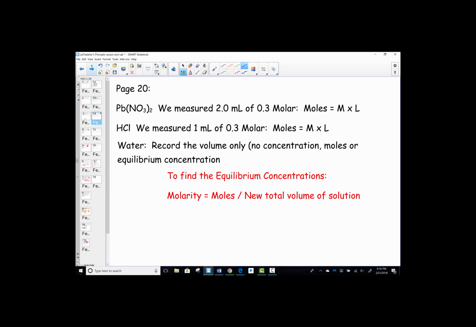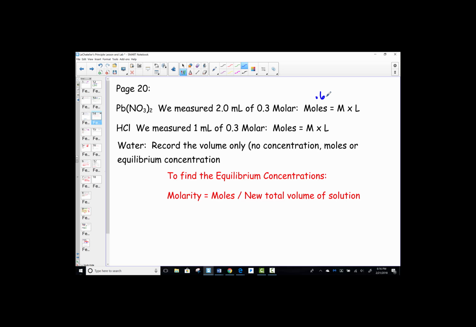So back to your, this is on page 20 now of your lab report, part B. So that top data table, it says, let's complete the chart for the KSP. Now remember, you measured 2 mils of a 0.3 molar lead 2 nitrate. How many moles is that? So how do I fill in that moles? Well, right now I would go 2 mils times 0.3 molar and I get 0.6.